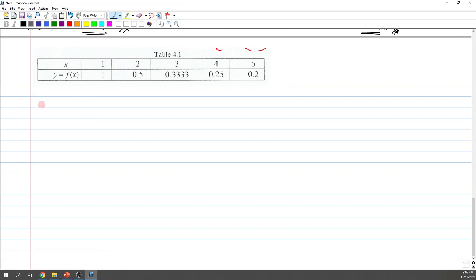Okay, so now is the quadratic approximation. So 4.5 is over here, but we must have at least 5 points: 1, 2, 3, 4, 5. So everything over here, we are using all the given data.